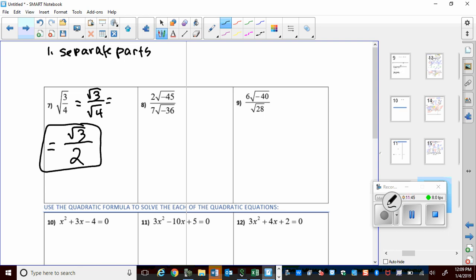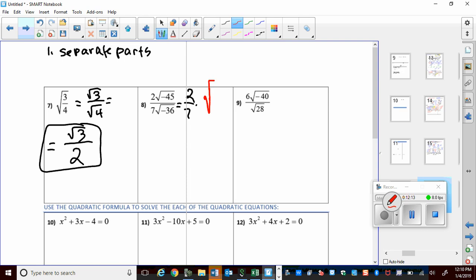For number 8, I can't reduce 2 and 7. I can combine these two and reduce. So what I'm going to do is have 2 over 7 times the square root of 45. Sorry, that's a negative 45.